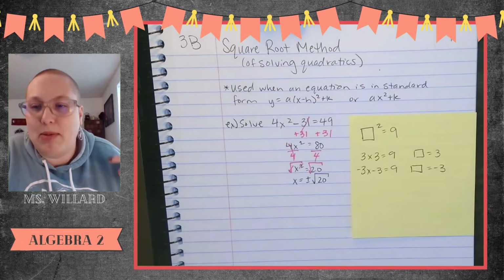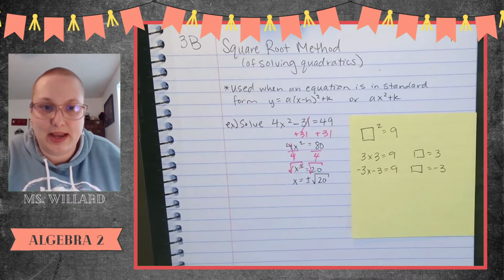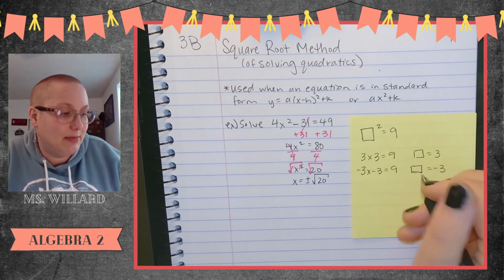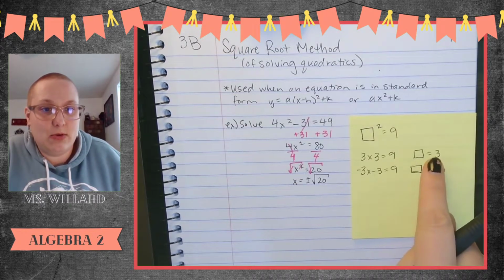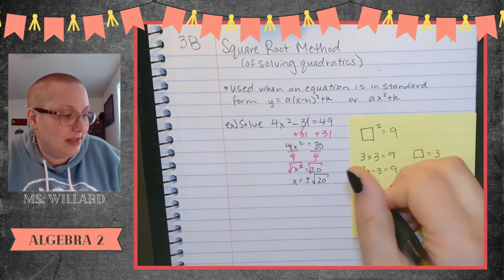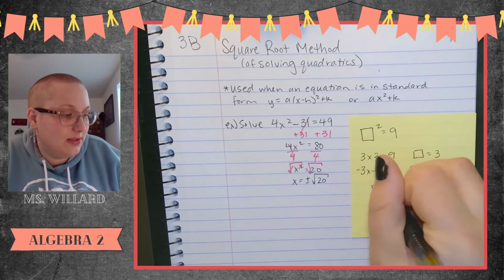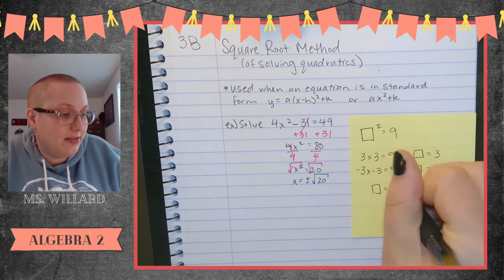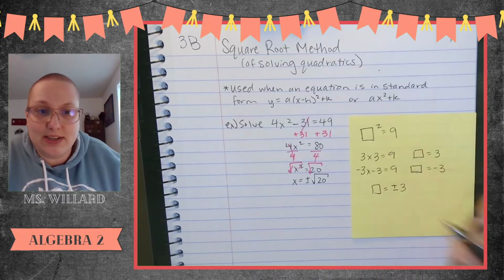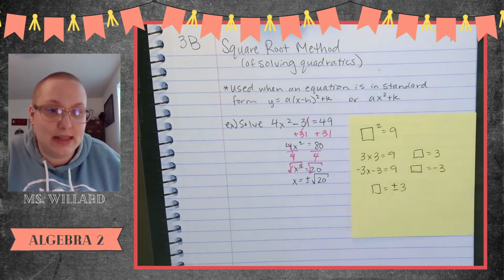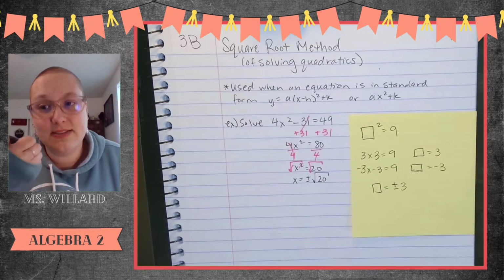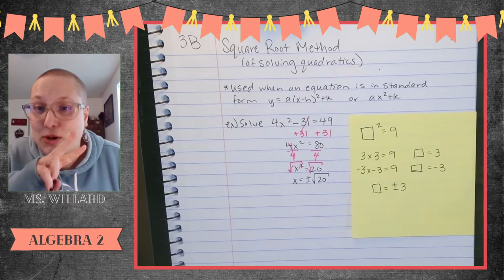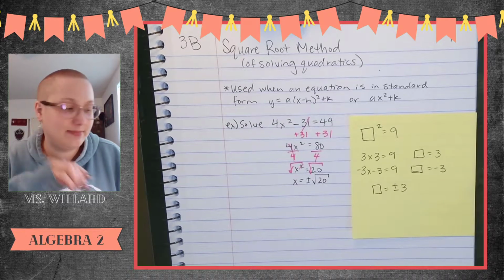Normally we don't say box, we say x, but bear with me, okay? It makes more sense in people's heads when I'm filling in something rather than when I'm solving for something. So instead of 3 and negative 3, we say that the box equals plus or minus 3. I don't write it twice, I write the plus and minus. It means it's both positive and negative. Both things work in that x squared.